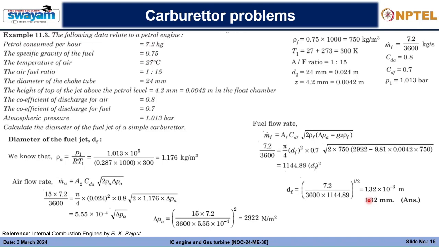In the simple running at normal load, we need excess air over the stoichiometric ratio. That we have learned in this session, and in order to provide that, the simple carburetor is not enough. We need a power and main metering system. So we will learn about these auxiliaries in the next session.